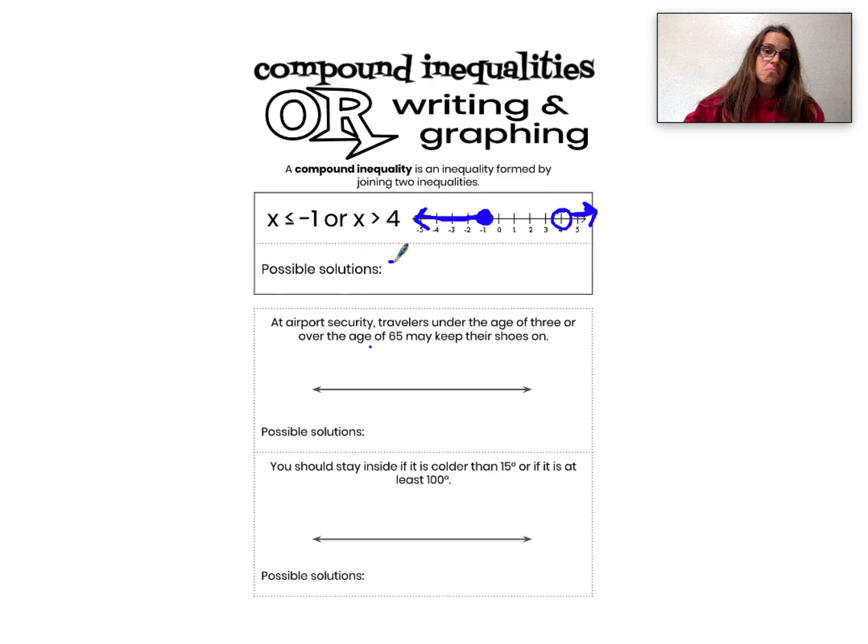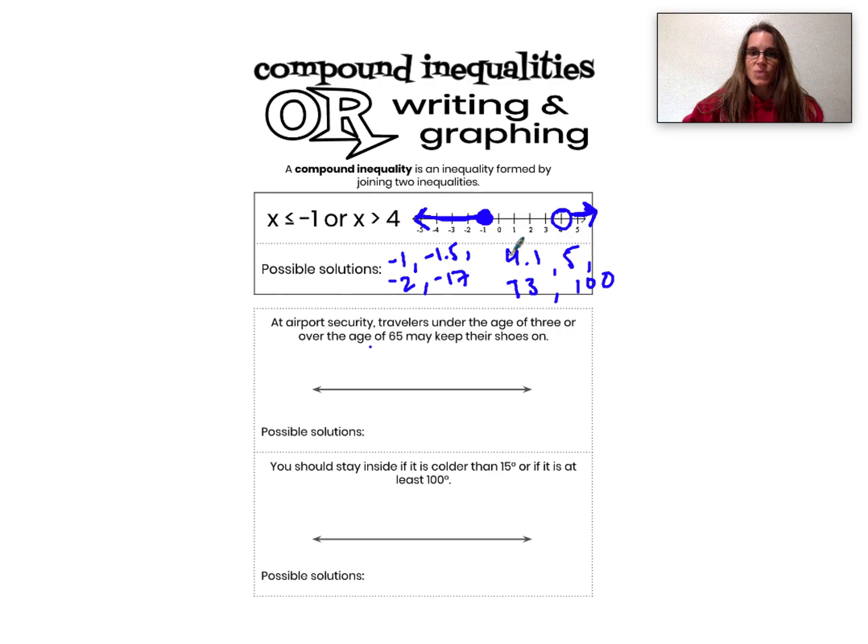Examples are -1, -1.5, -2, -17, -1 billion, any value less than or equal to -1, as well as all of the values greater than 4. So 4 is not a solution, but 4.1 is, 5 is, 73, 100. Any value greater than 4 is a possible solution.